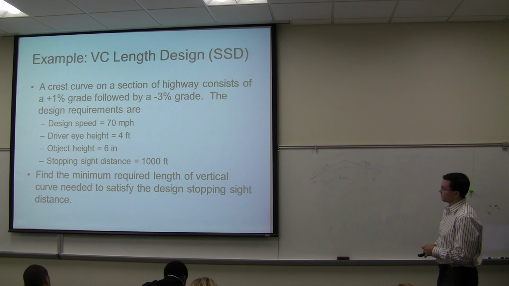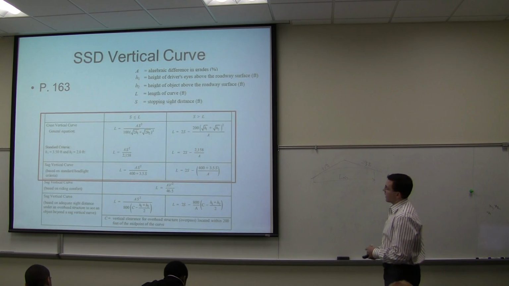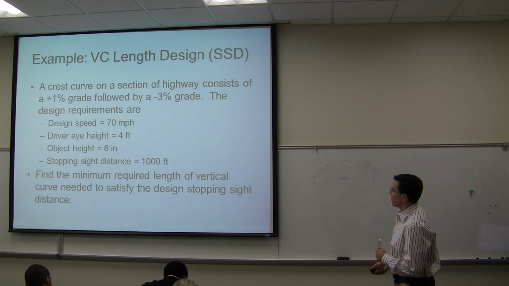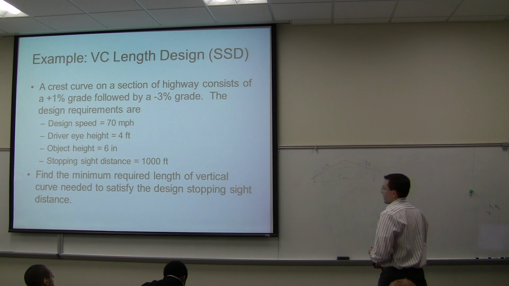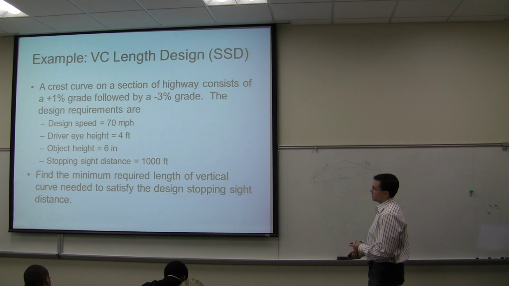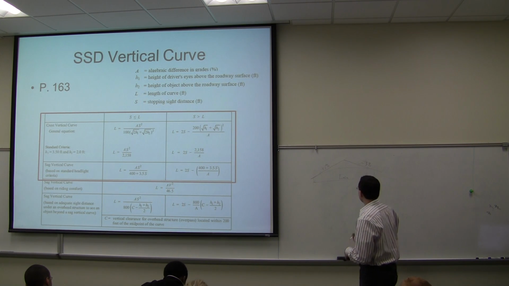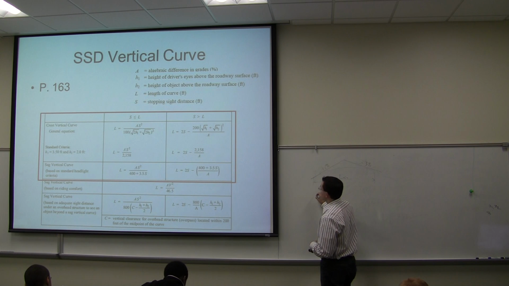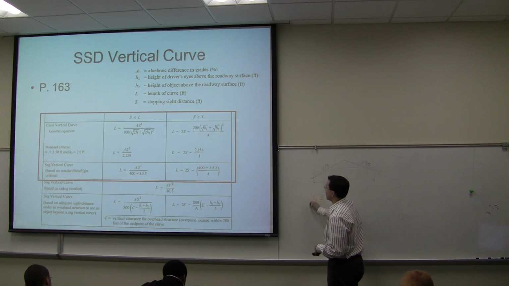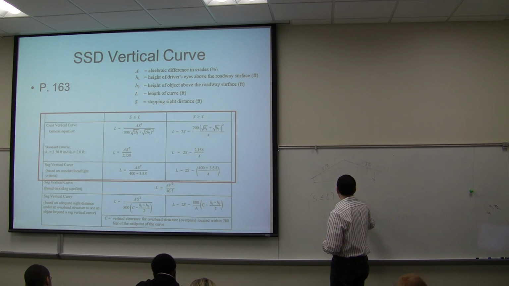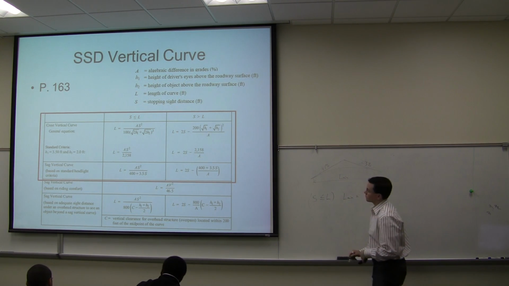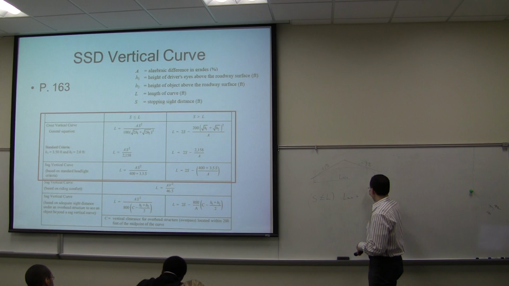So looking at our crest vertical curve equations, do we have different values of H? So we've got a different driver eye height and actually it's the same object height. No, actually it's a smaller object height. So we've got to use the first set of equations. For the condition where S is less than or equal to L, that L min calculation is going to be A S squared.